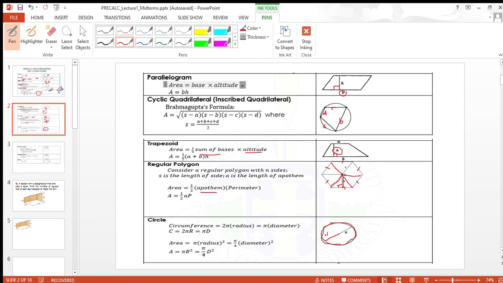So this is your radius r, and this whole thing here is the diameter. So circumference is pi d. While for the area, it is given by pi r squared. Or if you would like to use the diameter, it will be pi over 4 times diameter squared, again with the relationship that the diameter is 2 times the radius.